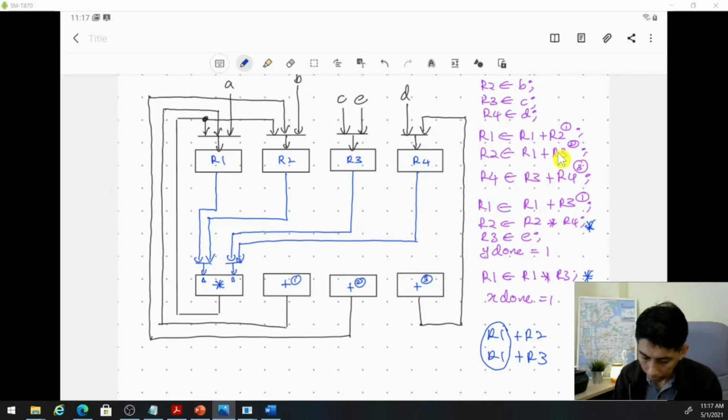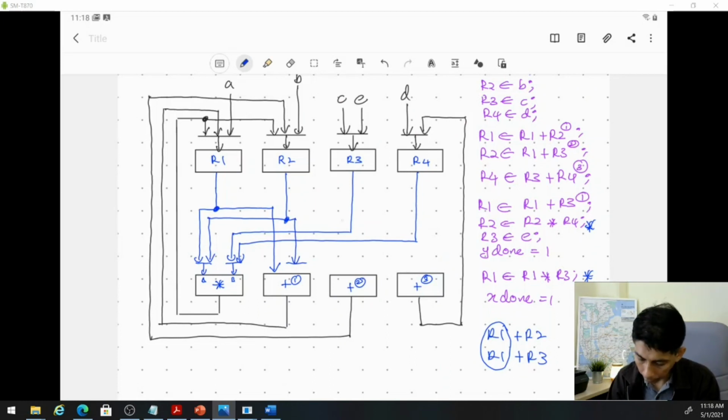So you can go straight from R1 to one of the inputs of your adder, but because the other one is R2 and R3, you need a multiplexer. So again, here you need a multiplexer, and one of the inputs is from R2 and another one is from R3.